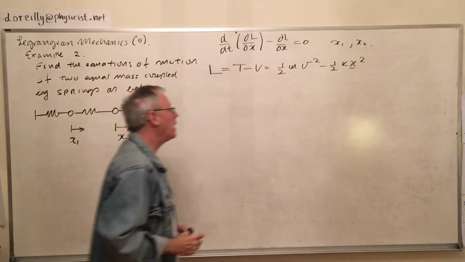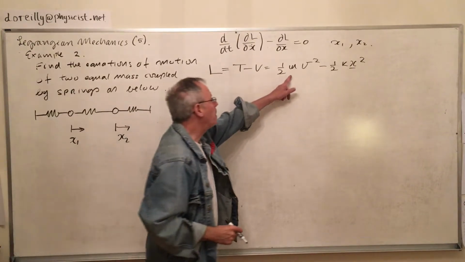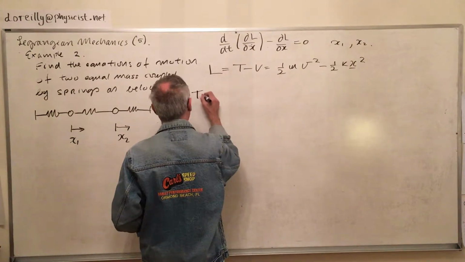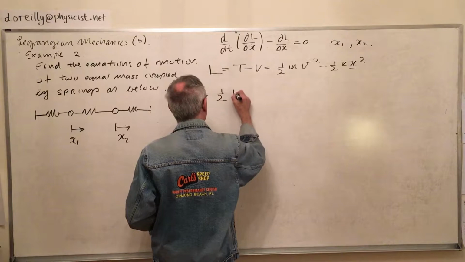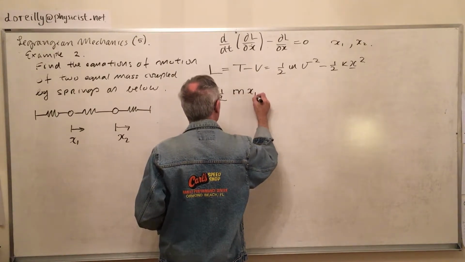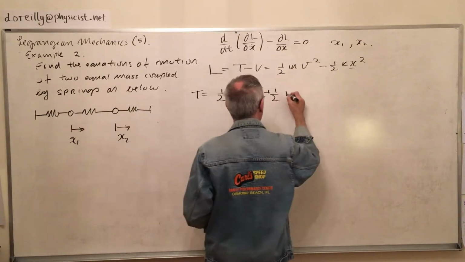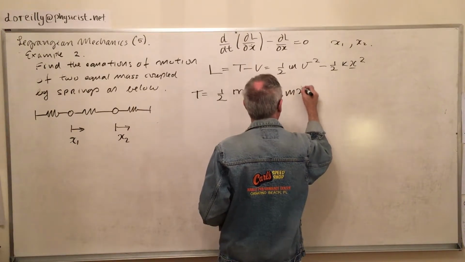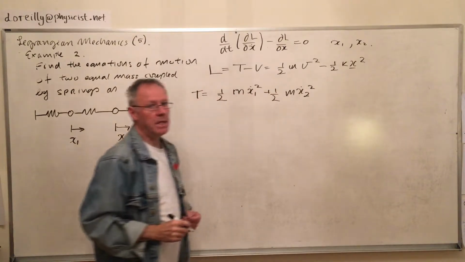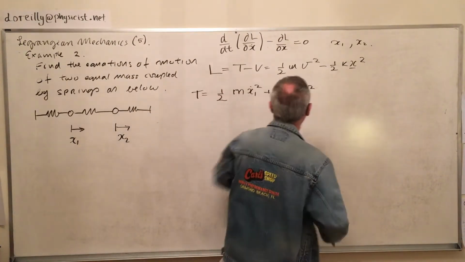So it's going to be kind of like a half mv squared and a half kx squared. But we need this part first because this is going to be easier. That is the kinetic term. Now the potential term is going to be slightly trickier.